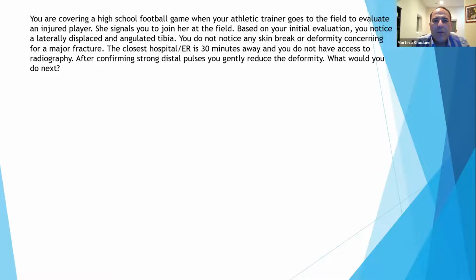What you see is angulation of the tibia from the knee joint, like the one I showed you. So you suspect this is a knee joint dislocation, the closest hospital is about 30 minutes away, and you do not have any access to x-rays. After confirming strong pulses, what would you do next?